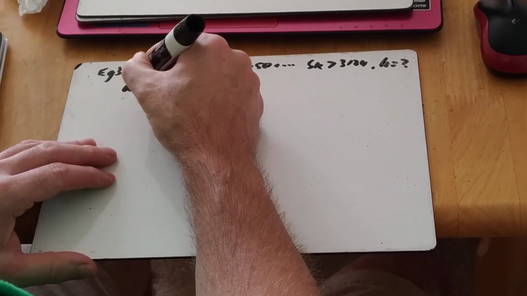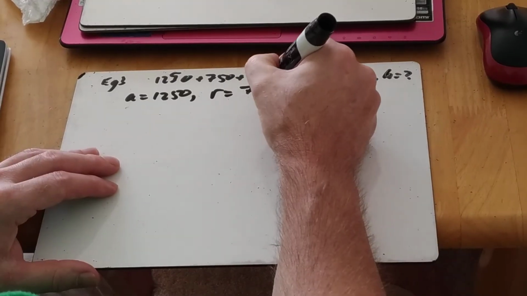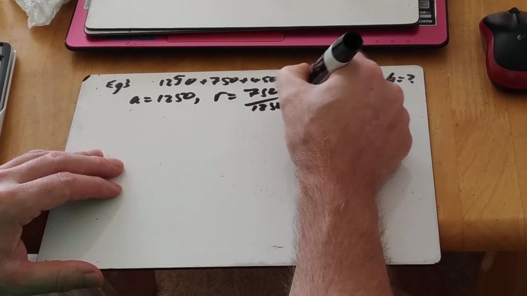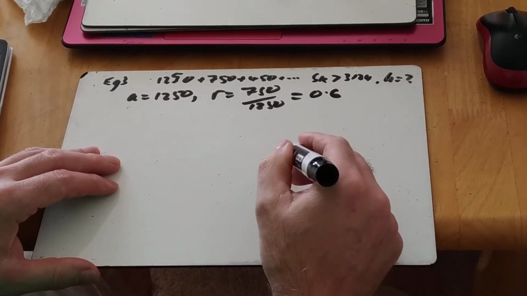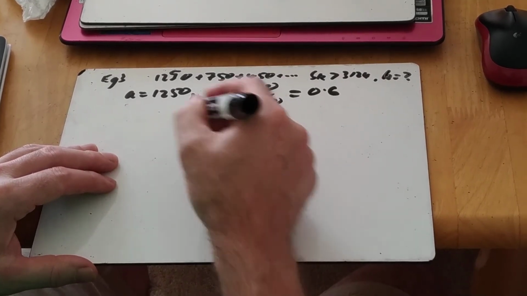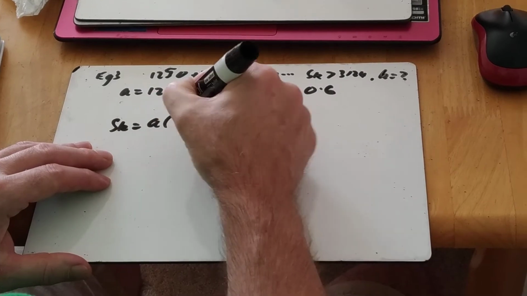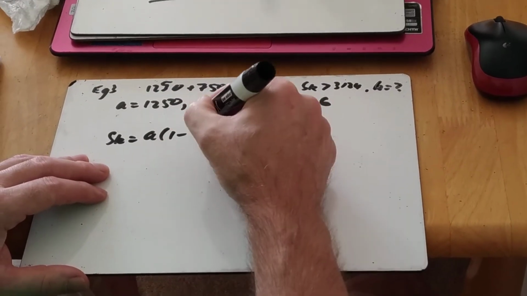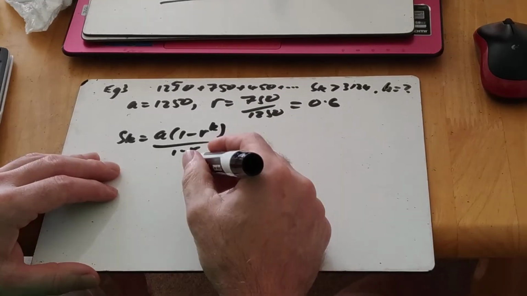So as before, it's nice to state a equals 1250, r is 750 over 1250, which I think is 3 over 5, 0.6. Because it's less than 1, I'm going to use 1 minus r to the k over 1 minus r, and then stick my values in.